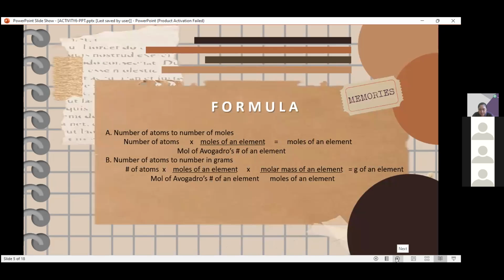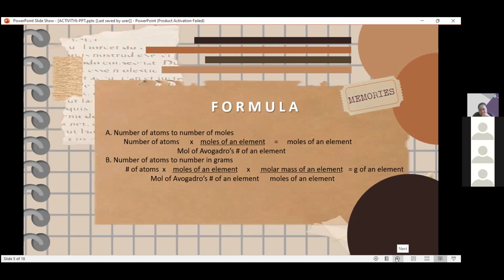So there are two formulas of the Avogadro's number. The first one is number of atoms to number of moles. In this formula, we're going to find the moles of an element. So the formula is number of atoms times moles of an element over mole of Avogadro's number of an element is equal to moles of an element.